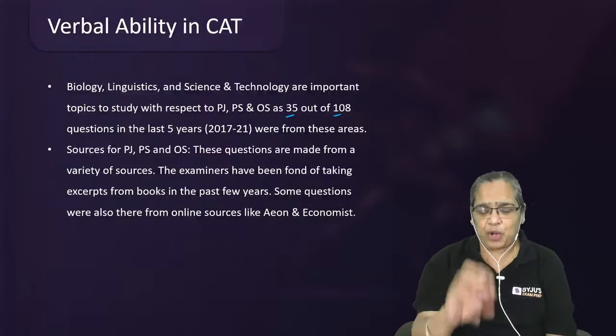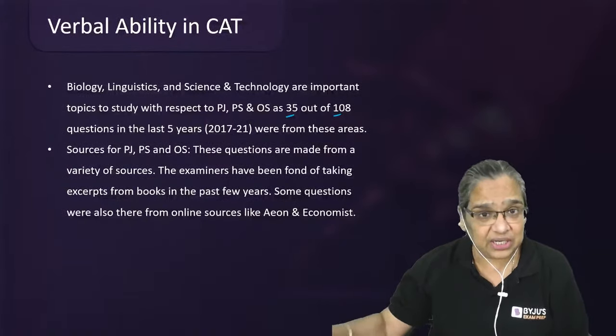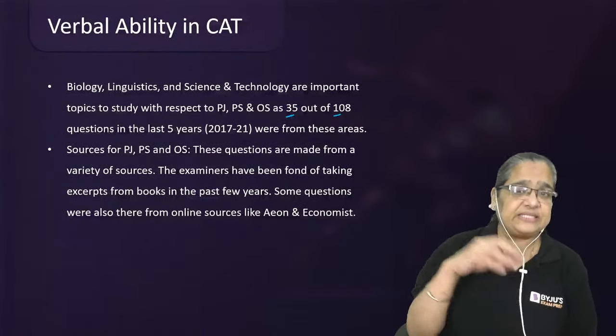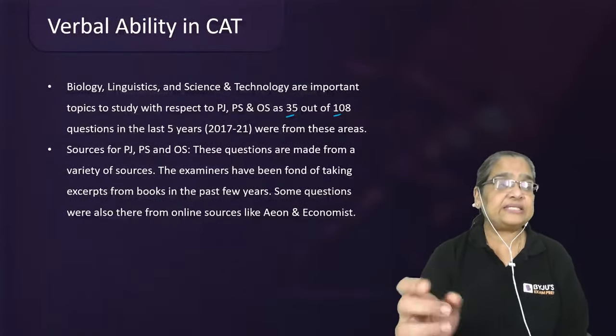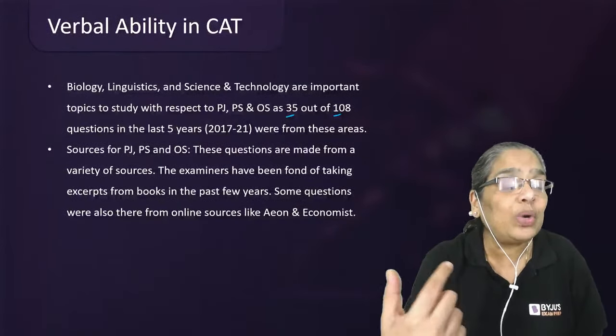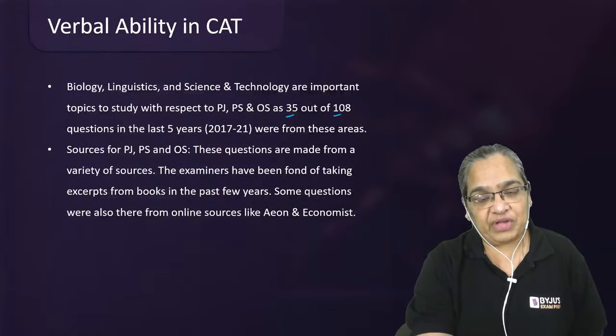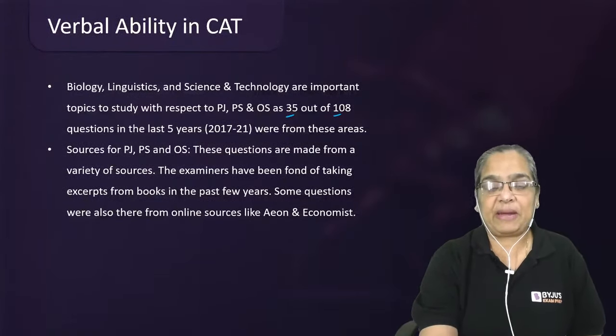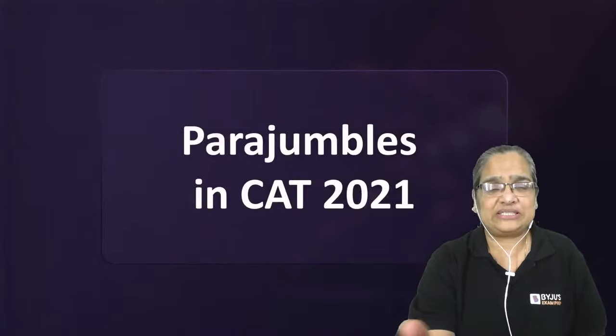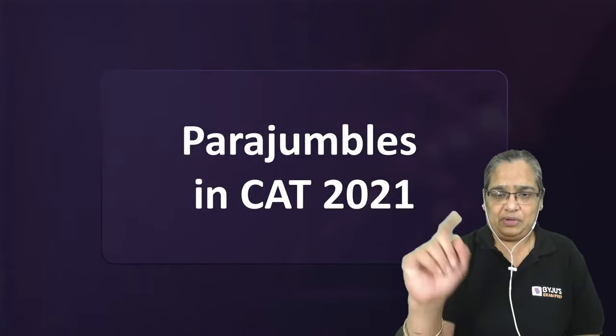Economist also has politics, culture, world culture, science, everything in it. So these kinds of magazines will help you read on different topics so that when you face a parajumble, you will understand the flow of thoughts.